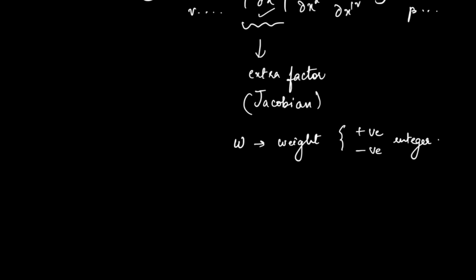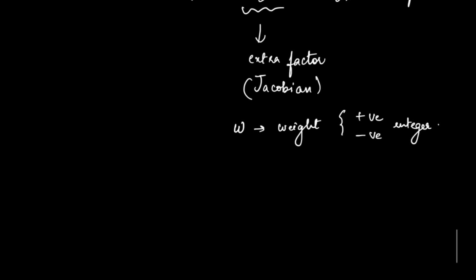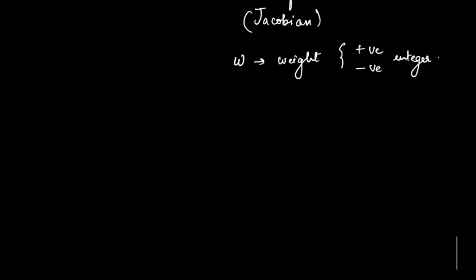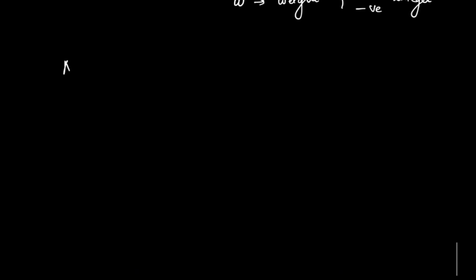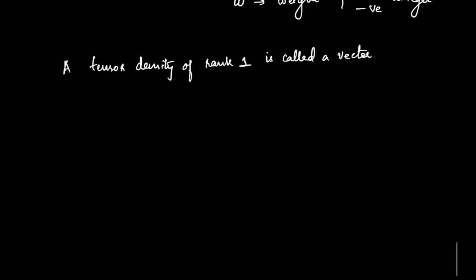Now, a tensor density of rank 1 is called a vector density of weight w.